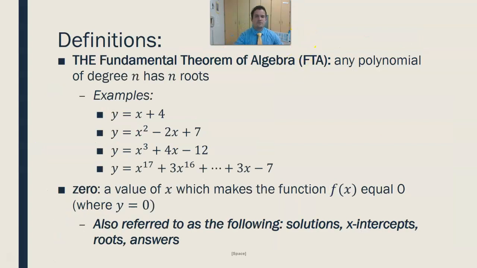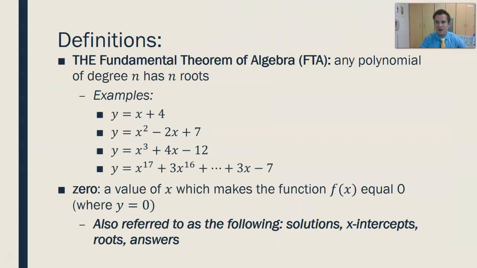Okay. So, using that concept, we're going to start talking about the fundamental theorem of algebra. This is one of the most important things you'll ever learn in algebra, and it's the basis behind everything we do in algebra with polynomials and functions like this. The fundamental theorem of algebra states, any polynomial of degree n has n roots. What does that mean? n is just a variable, so it can be any number.